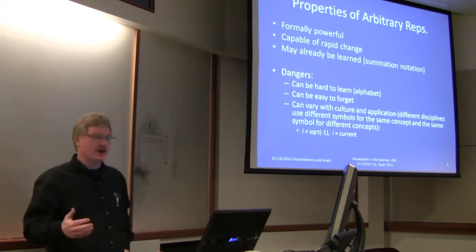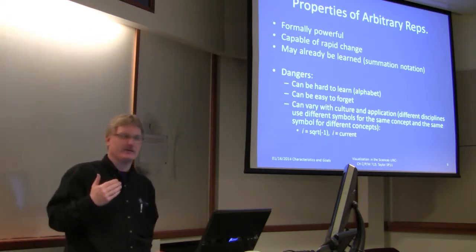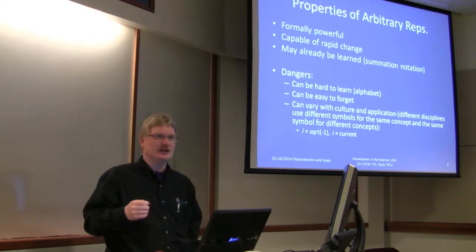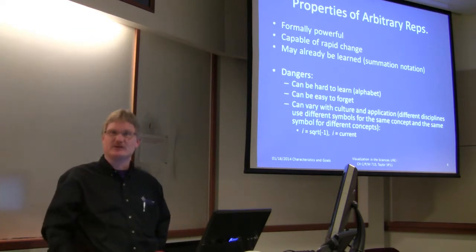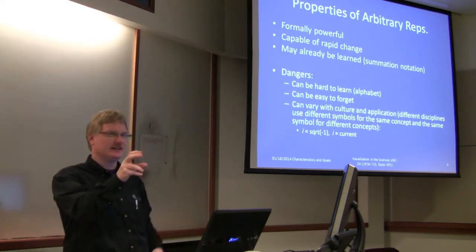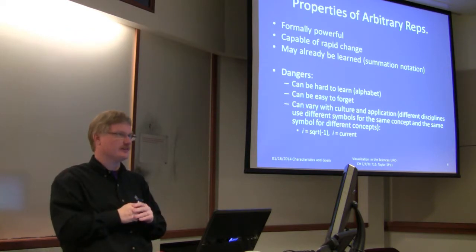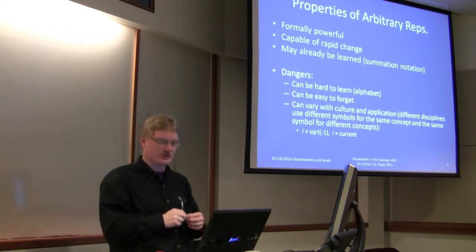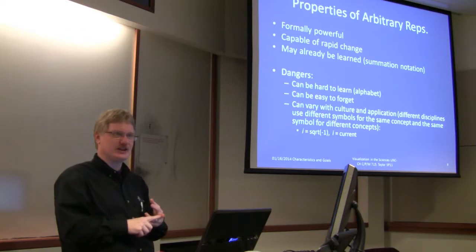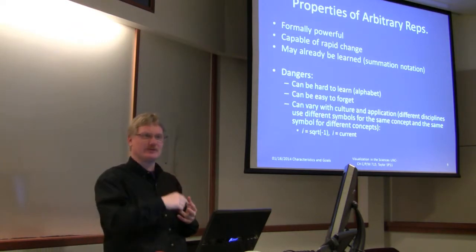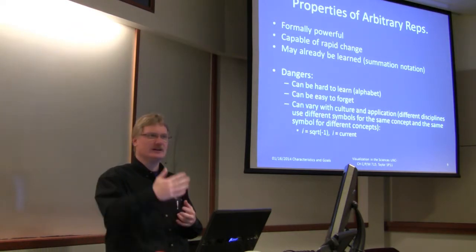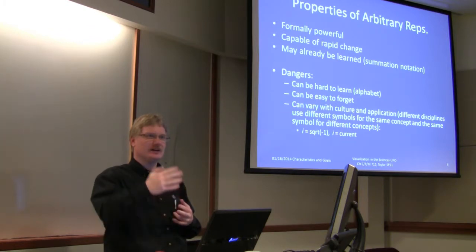So the arbitrary representations are formally very powerful. If you imagine mathematical notation, you can very succinctly describe a very complicated relationship in a way that tells you what's going on. You can rapidly change them, right? So you can say, well, now temperature is mapped to the color red. Now height is mapped to the color red.